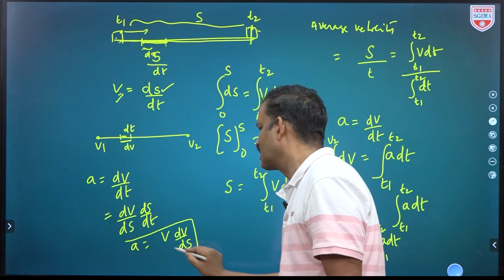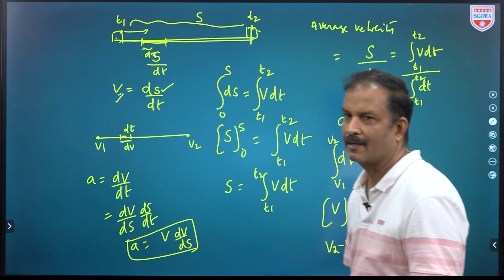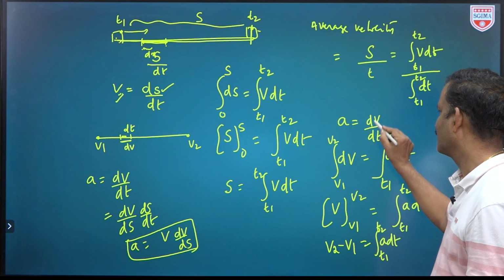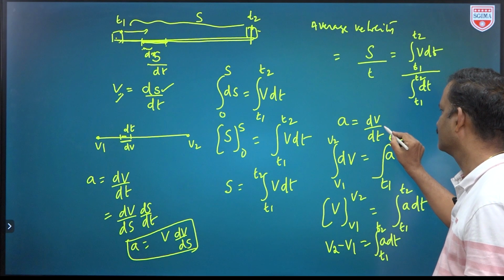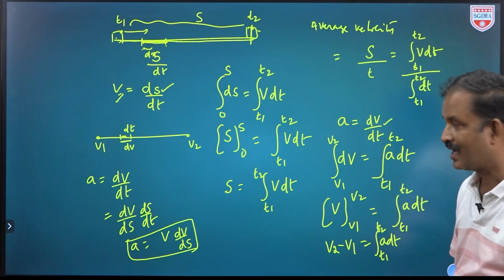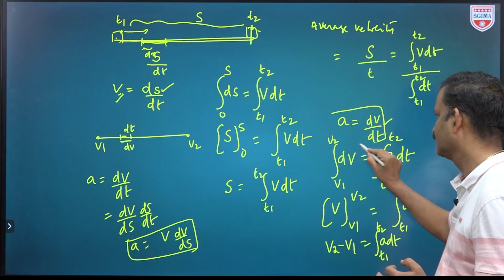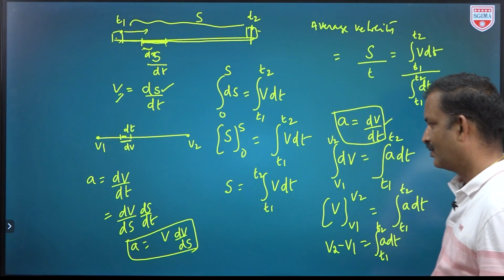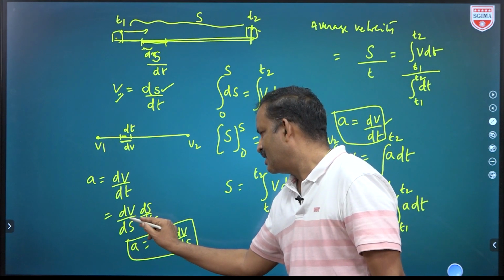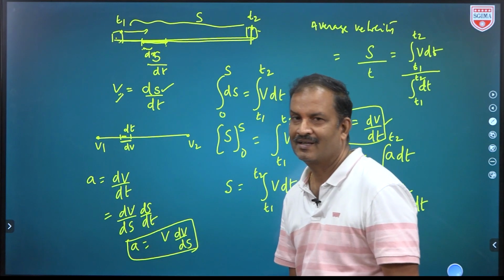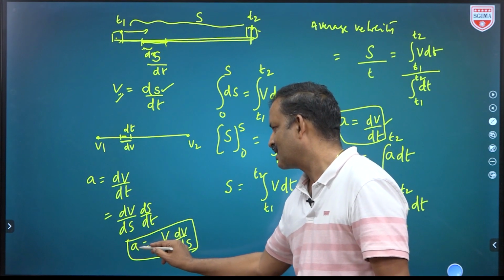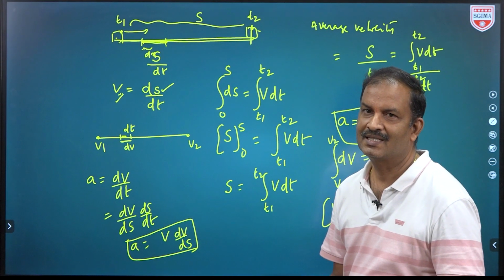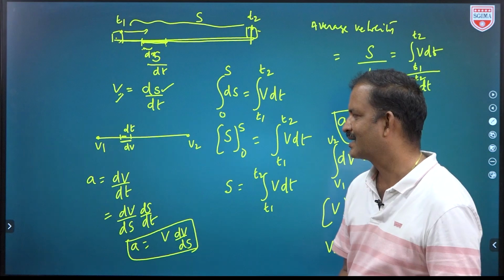So we have acceleration as two formulae. One, if acceleration depends on time, velocity depends on time, you have to use this formula: acceleration is equal to dv by dt. If velocity is a function of displacement, acceleration is equal to velocity into dv by ds. In this way also you can find out the acceleration.